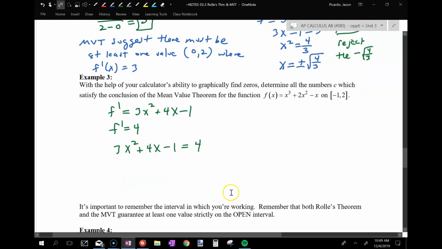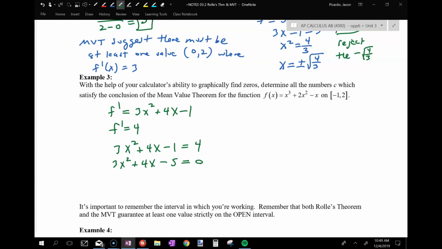And I get that. It's a quadratic, so I got to move the 4 over: 3x squared plus 4x minus 5, right?